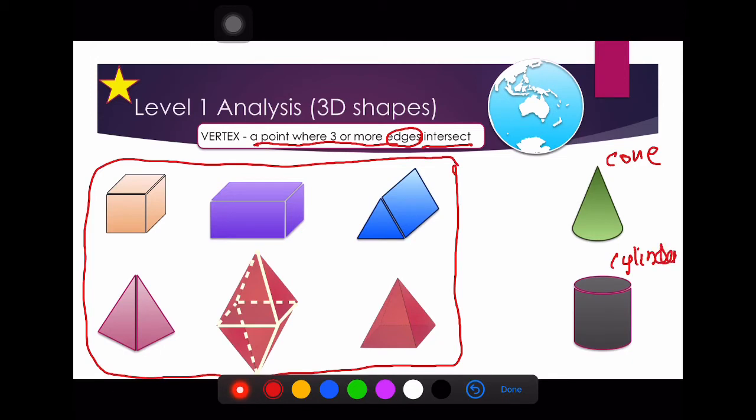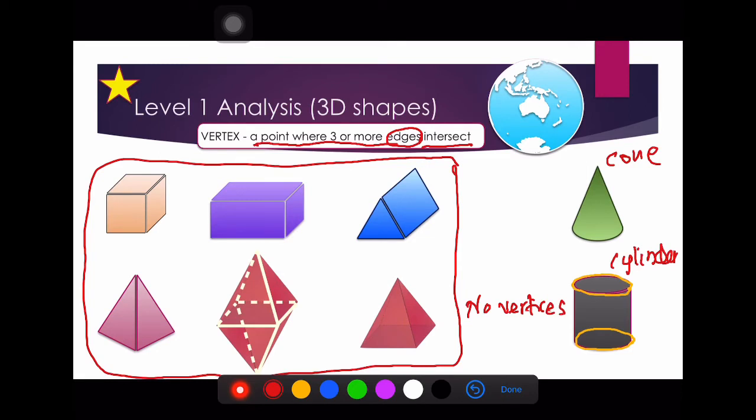So let's go to the cylinder first. A cylinder has two edges. The edges are here, one edge, two edges, but they do not intersect. So a cylinder has no vertices.